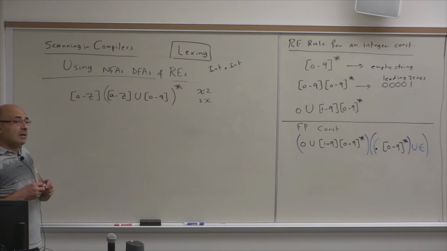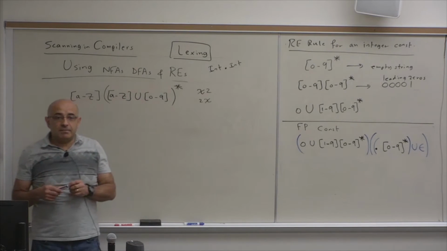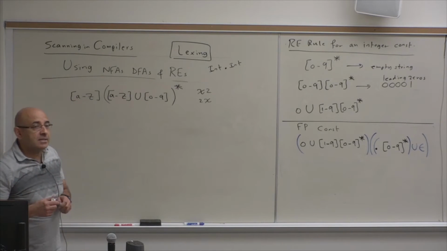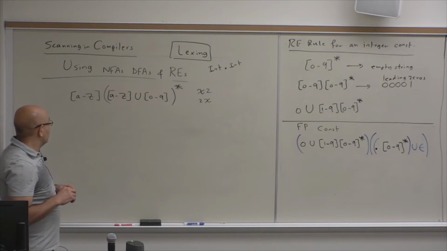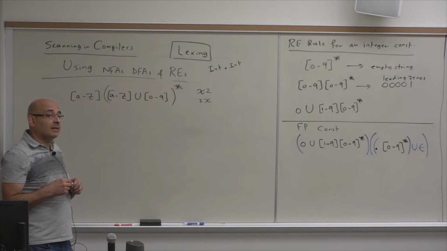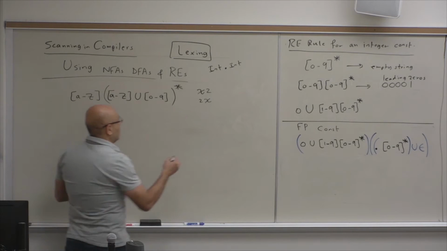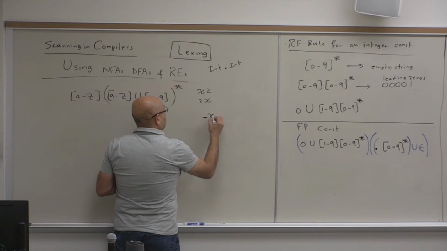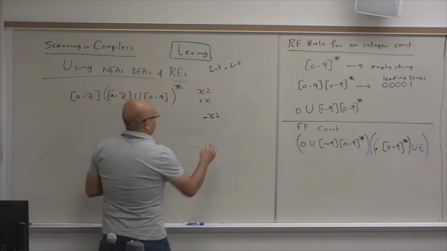But there is another character that we can use in a variable name in C-like languages. Underscore? Yeah, underscore. So where can we have the underscore? Can we have it in the beginning? Yes, we can. So we can have underscore x2 as a variable name.